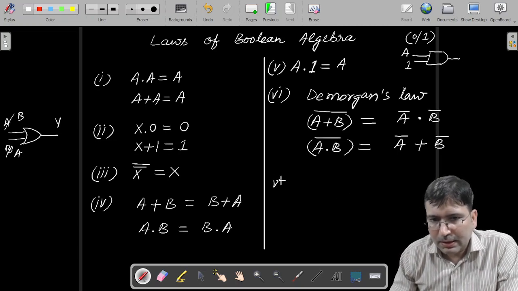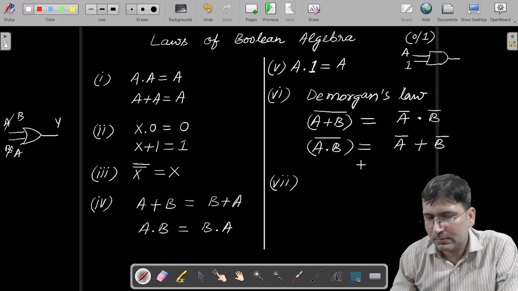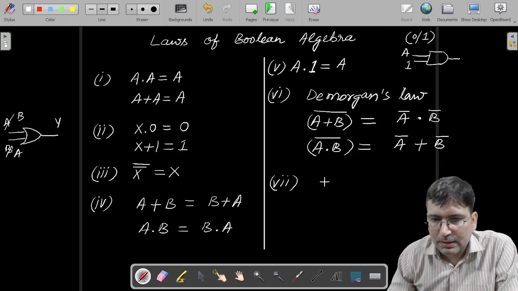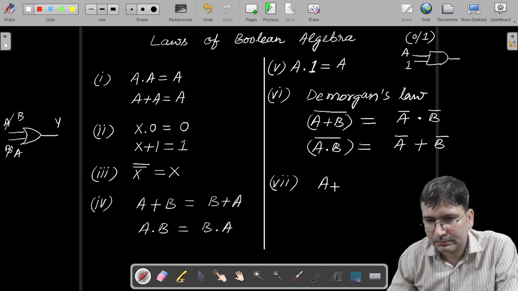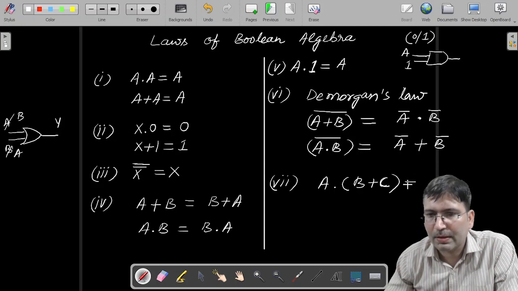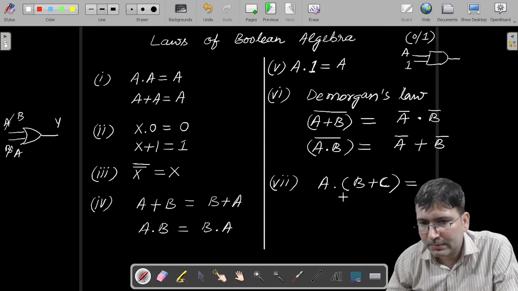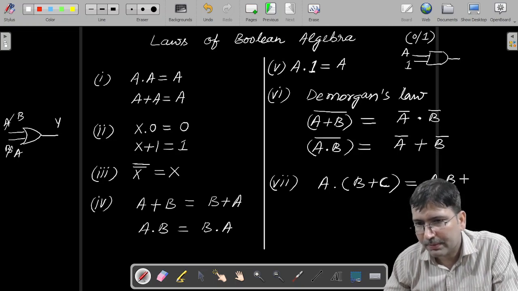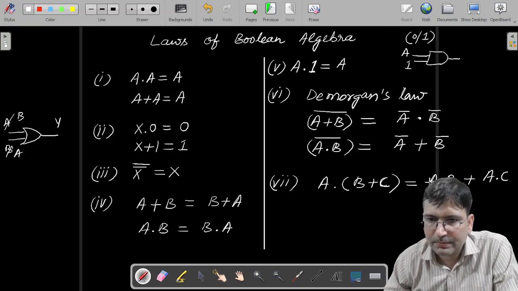Now there are certain more properties you may be familiar with. Let's say if we are having A with a dot operation with B or C, this can be written as A dot B or A dot C, right?